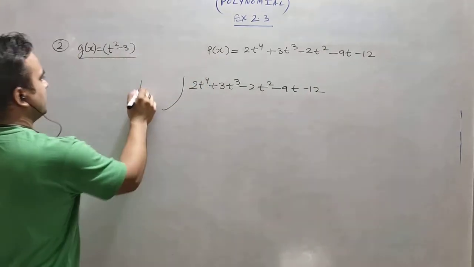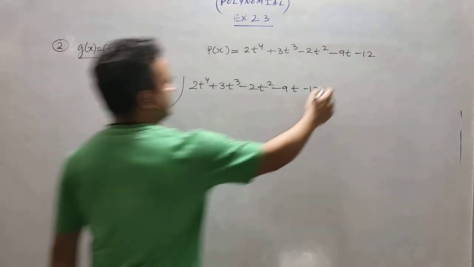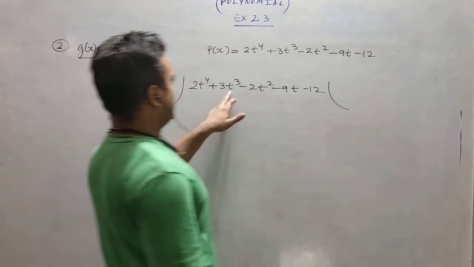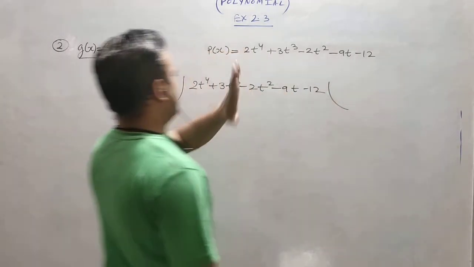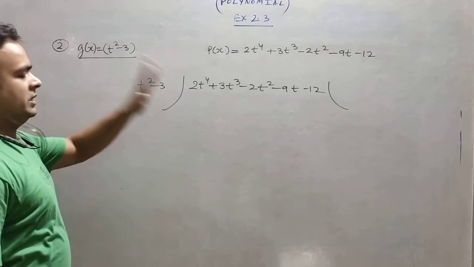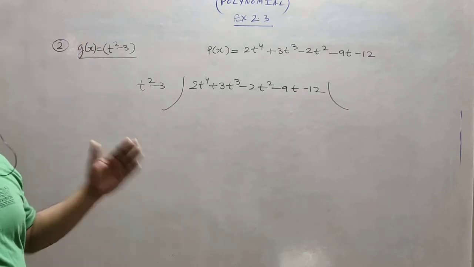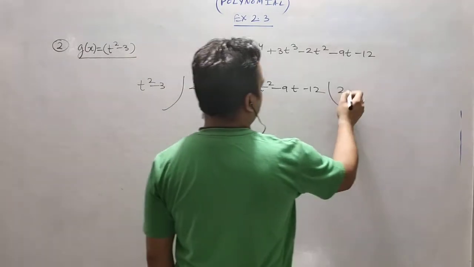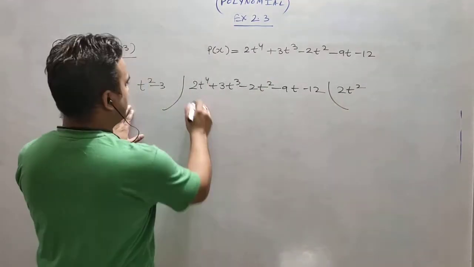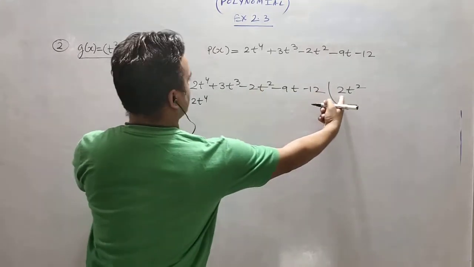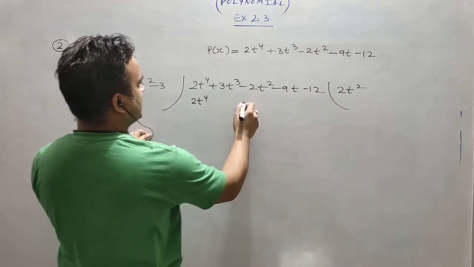Now you know the procedure. First of all we have to check whether the order is correct or not. 4, 3, 2, 1 and 0. Exactly, the powers are in decreasing order. Here yes 2 and there is no 1, so it is in order form. So we will multiply by 2t square so that it can be 2t raised to the power 4, and it is minus 3 into 2, minus 6t square.